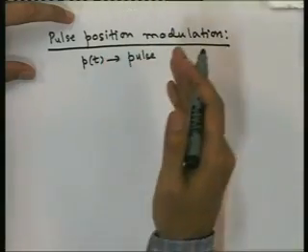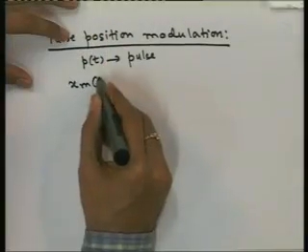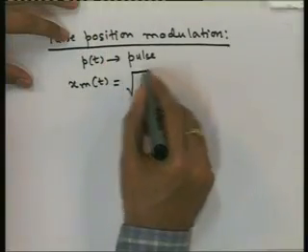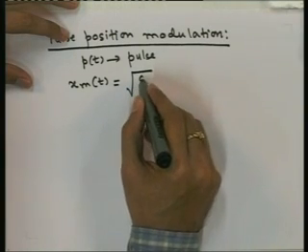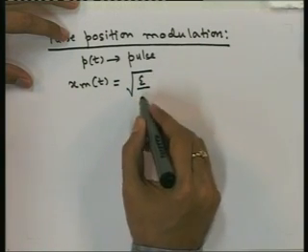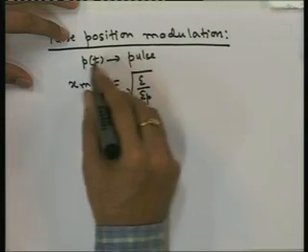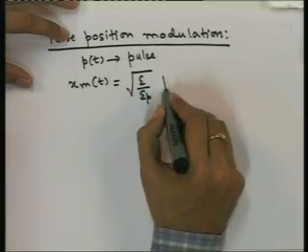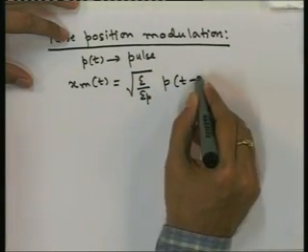If you have a passband pulse, you will have passband pulse position modulation. Here the signal set is this. E is the energy you want to transmit, and Ep is the energy of the pulse we have taken, p(t minus m delta t).